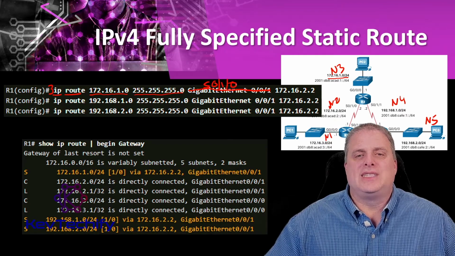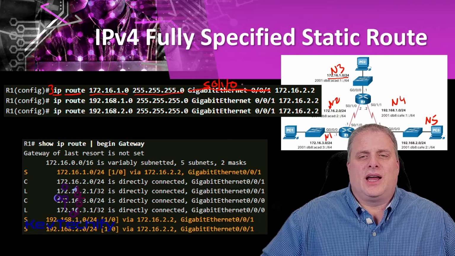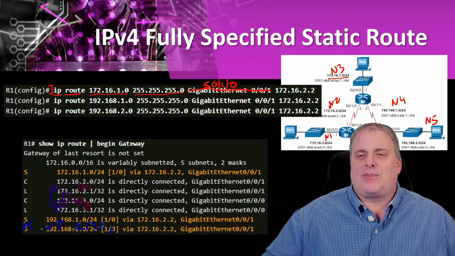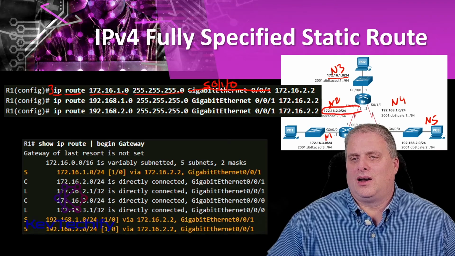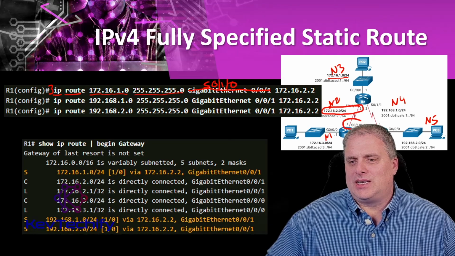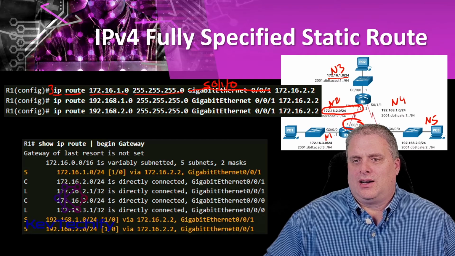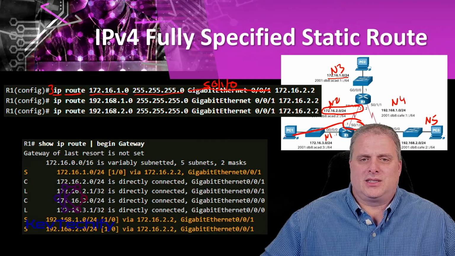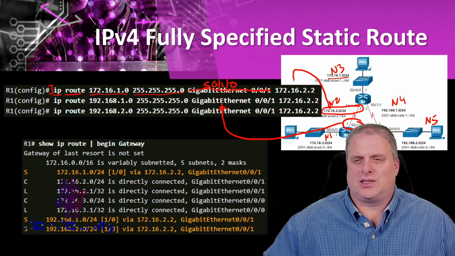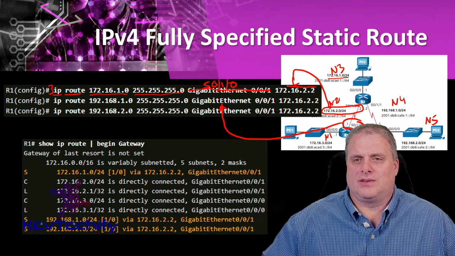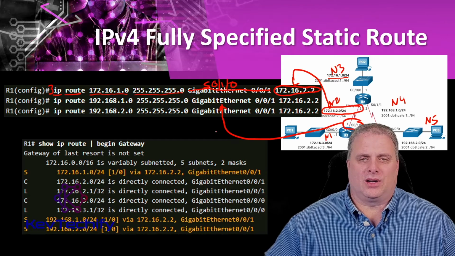Serial 0/1/0 is our exit interface, and the next hop IP address is right here. Exit interface right there, next hop IP address right there. That gives us a fully specified route.